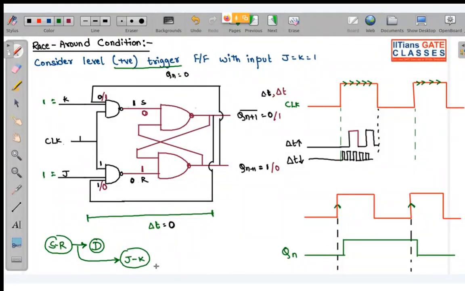Indeterminate state of SR was removed in JK flip flop. How did we remove it? By connecting the outputs Qn bar with J and Qn with K. So basically you are connecting the output with the inputs. Okay, so with the help of that, you actually removed that negative point.